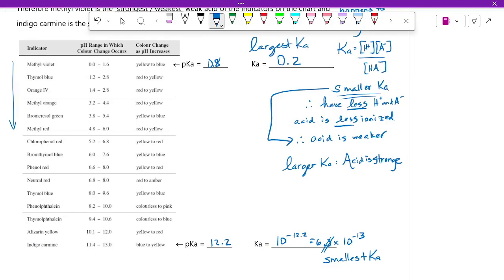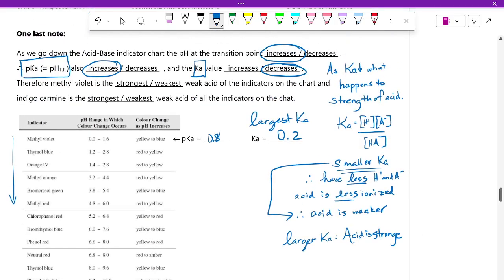Which of the indicators is the strongest acid? Therefore, methyl violet, that's what we're getting to.